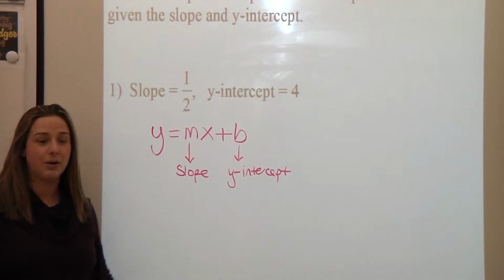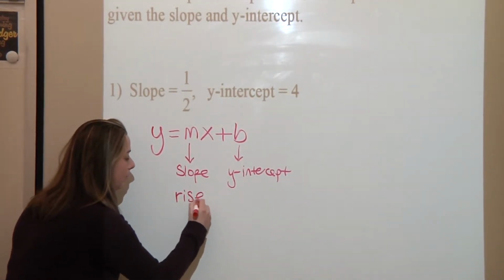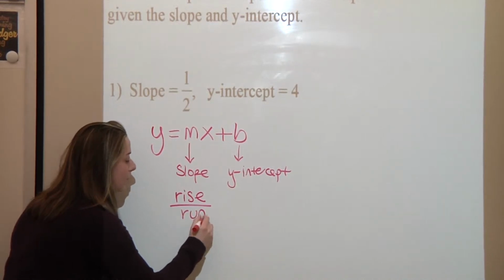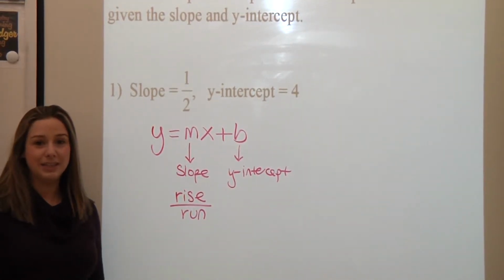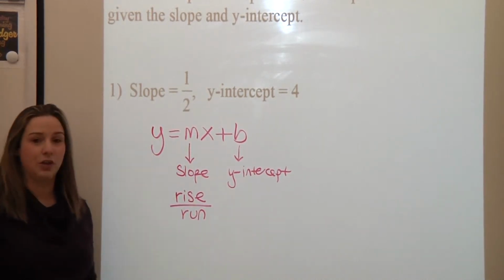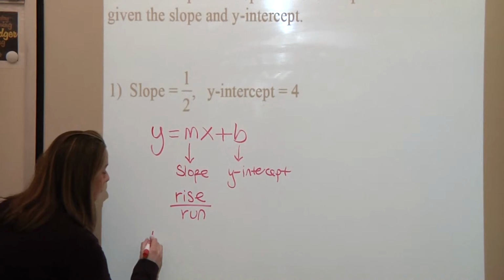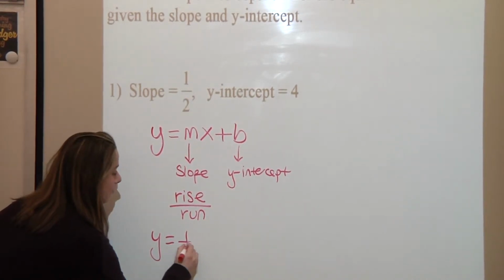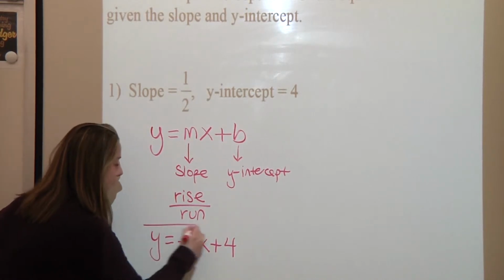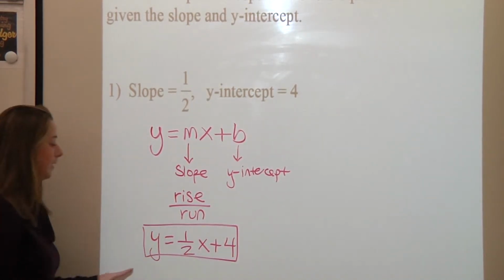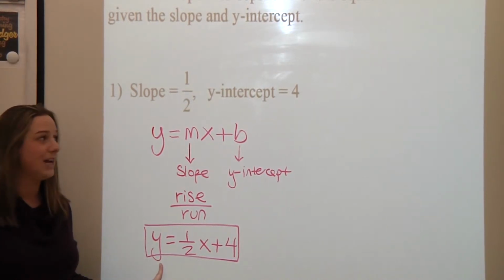We can also think about our slope as rise over run. So, let's substitute 1/2 in for the slope and 4 in for the y-intercept. This is slope-intercept form when given a slope of 1/2 and a y-intercept of 4.